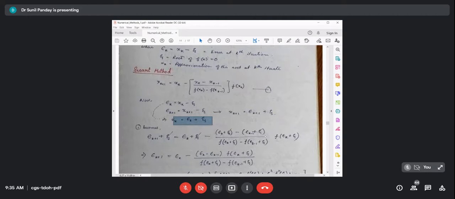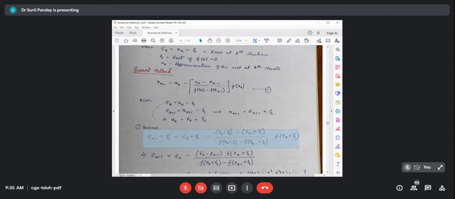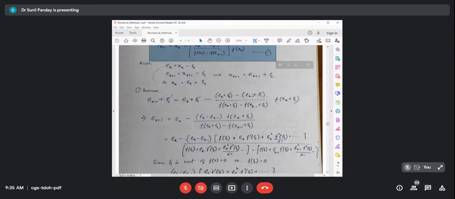So wherever xk minus 1 and xk plus 1 appear, we rewrite them in terms of error plus the exact root. We have substituted all these values in the given method itself. Then we can see that this xi can be cancelled out here, here, and here also.